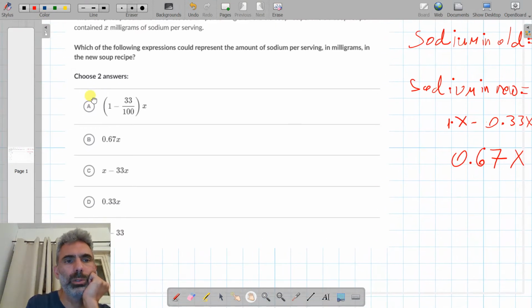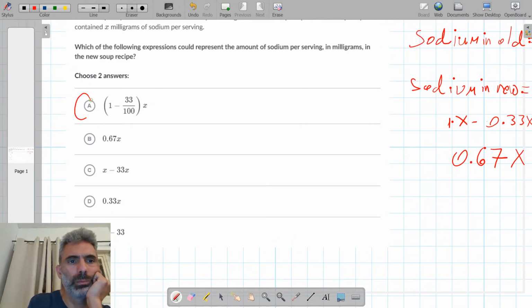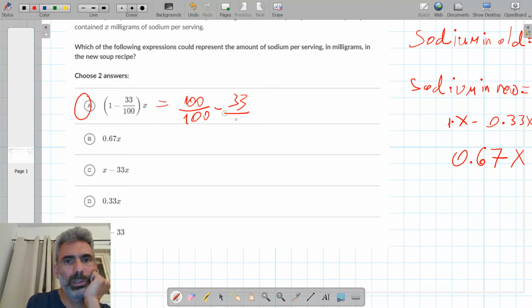Okay, so 1 is good. Because if we evaluate the parentheses, we have 100 over 100 minus 33 over 100, which is 67 over 100, which is 0.67 hundredths times x.